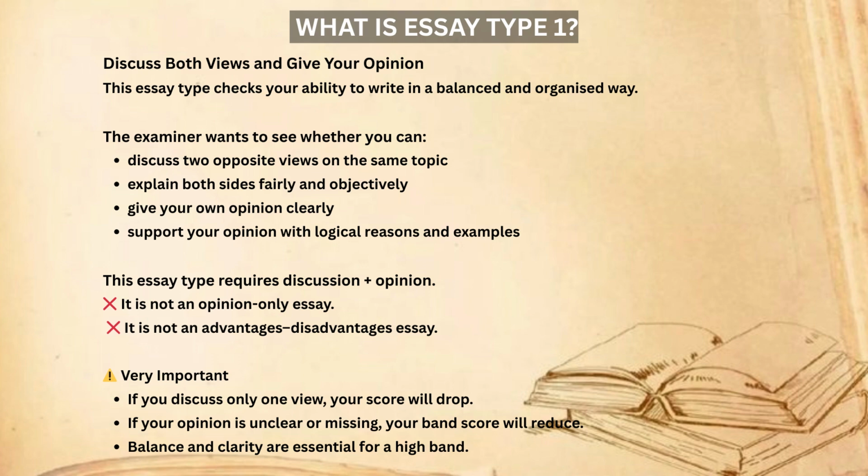First, can you discuss two opposite views on the same topic? Second, can you explain both sides fairly and objectively without emotional language? Third, can you give your own opinion clearly? And finally, can you support your opinion with logical reasons and examples?